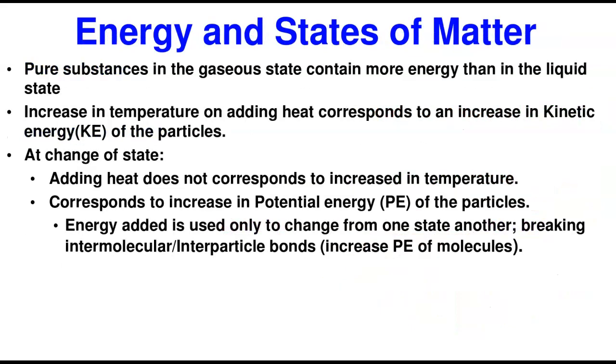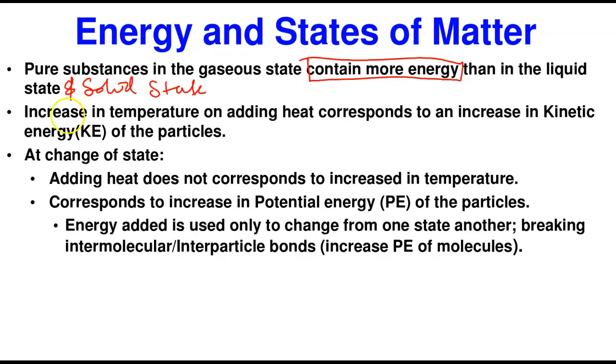We take it off from there. Energy and the change of state. What is now happening? You see, pure substances in the gaseous state, as I already said, contain more energy than in the liquid, and I would have added, the solid state. They contain far more energy than the solid and the liquid state.